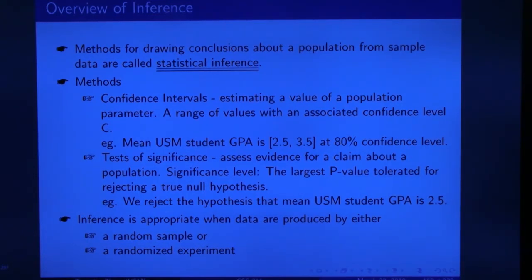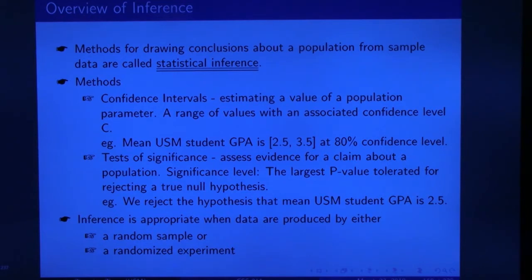For example, we used these examples before many times. If we want to know the mean USM student GPA, we do not want to calculate the GPA for all the student body, which is the population. Instead, we randomly, by following some rules, choose a simple random sample, and we calculate the mean GPA of that sample, and we try to get a conclusion about the population mean GPA.